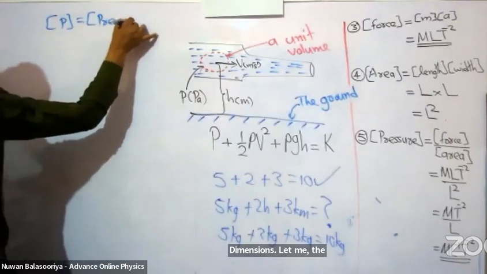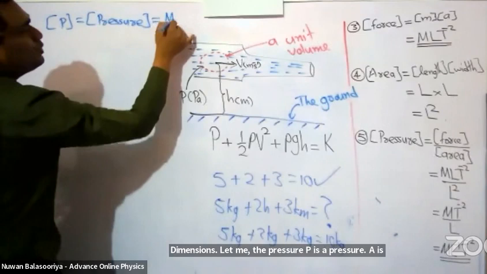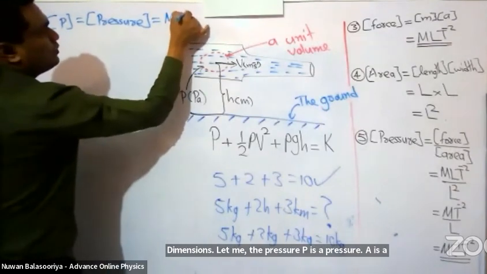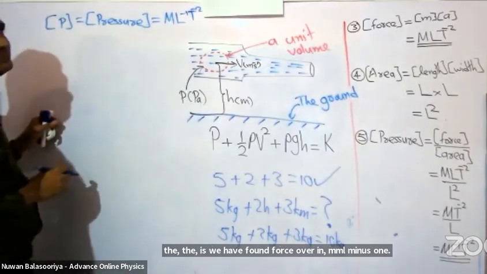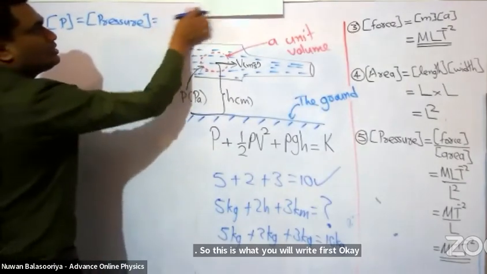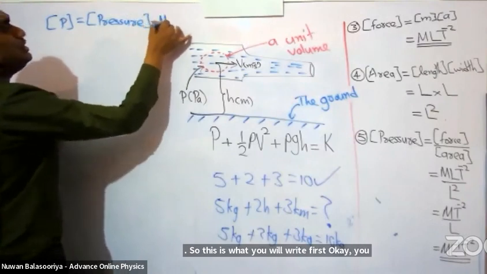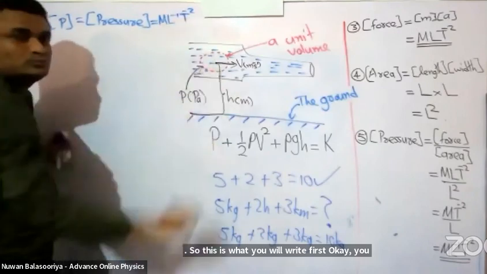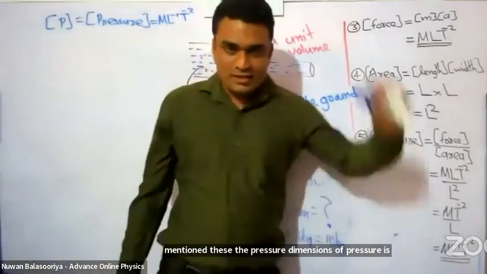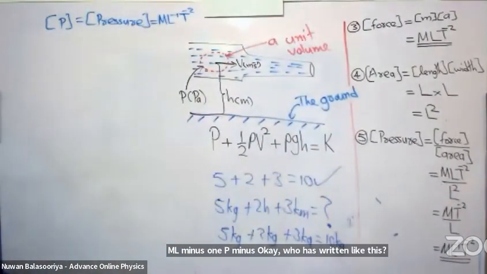Therefore, the dimensions are, as we have found, force over area, M L minus 1 T minus 2. So this is what you write first. Okay, dear? Dimensions of pressure is M L minus 1 T minus 2. Okay, dear? Who has written like this? Please raise your hand in the Zoom chat, dear. Who has written like this? Lamai?